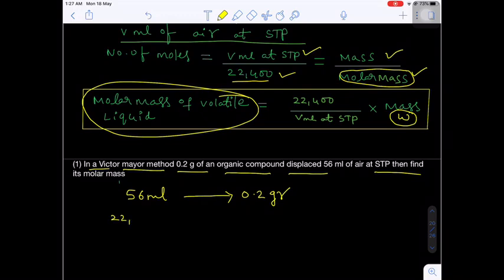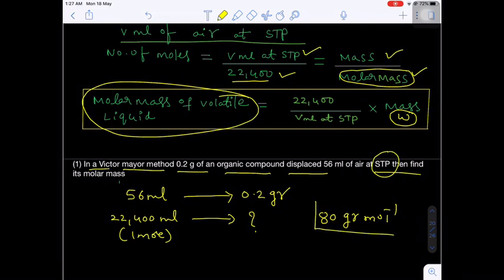Now, for standard condition, 22,400 mL, because the condition is given at STP, corresponds to how much weight of the sample? That is 80 gram per mole, because 22,400 mL corresponds to 1 mole. Very easy problem. Otherwise, there is also a formula.